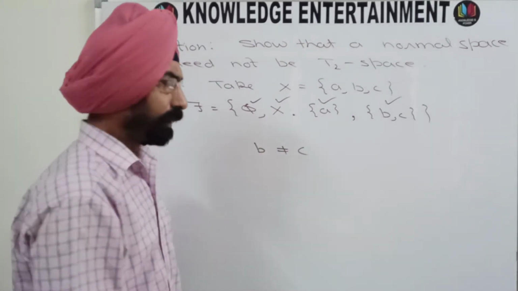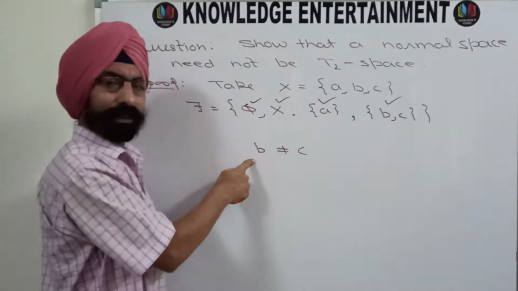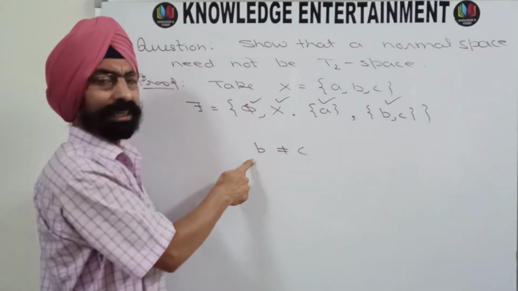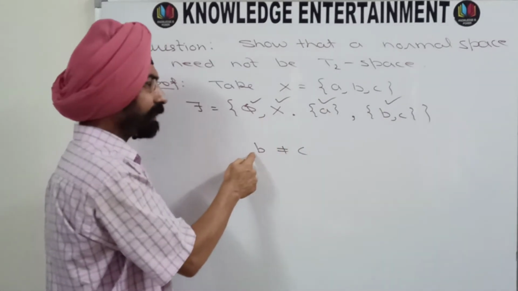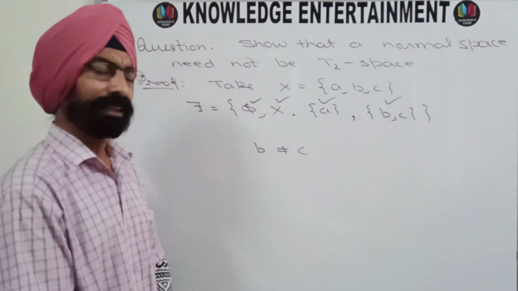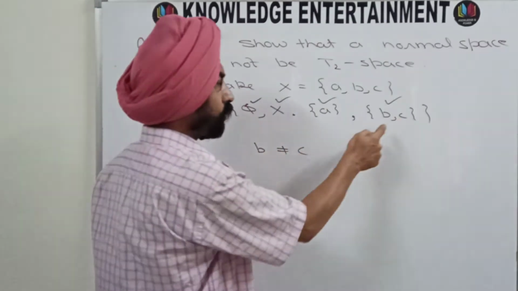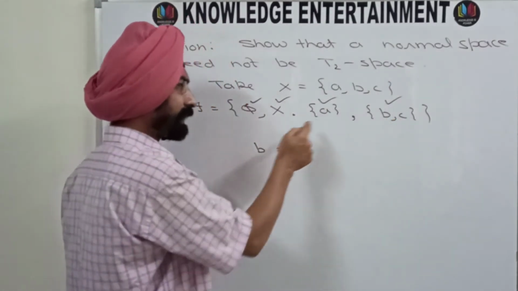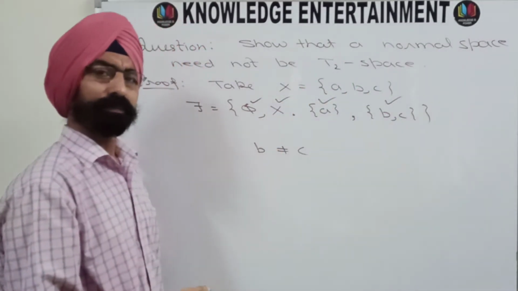also. So B is not here, so you cannot take your first set as phi. You can take X, but if you take X, then there is no set which is disjoint with X and contains C. You can't take A as here. You can take BC here because B is contained in BC, but C is also contained in BC then.